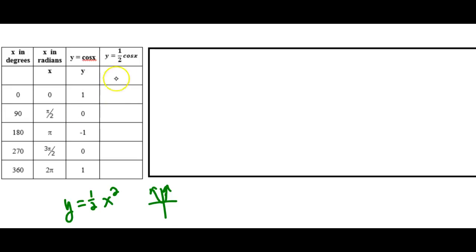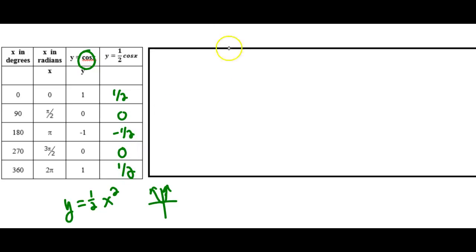And so let's look and see what happens here when we start substituting in. We still have the same chart from the last slide, but now we're going to take our y value, which is cosine of x, and change it to half of cosine of x. So we're just going to take this value and times it by 1/2. So we get 1/2, 0, negative 1/2, 0, 1/2.